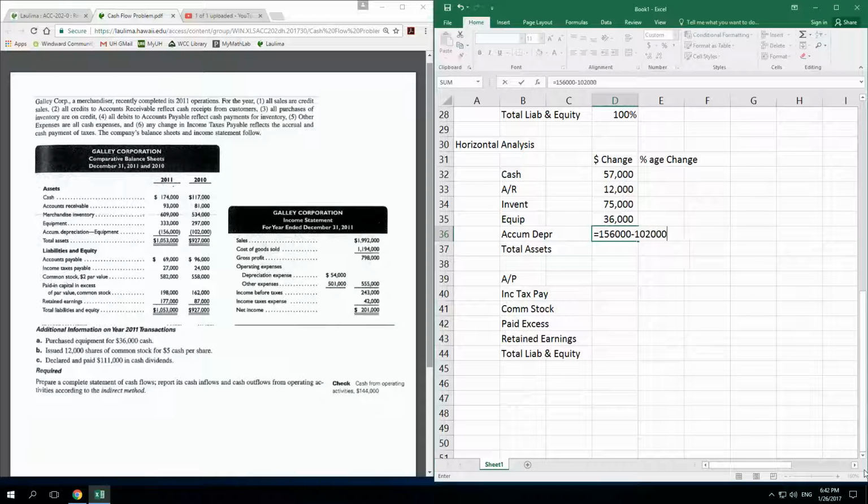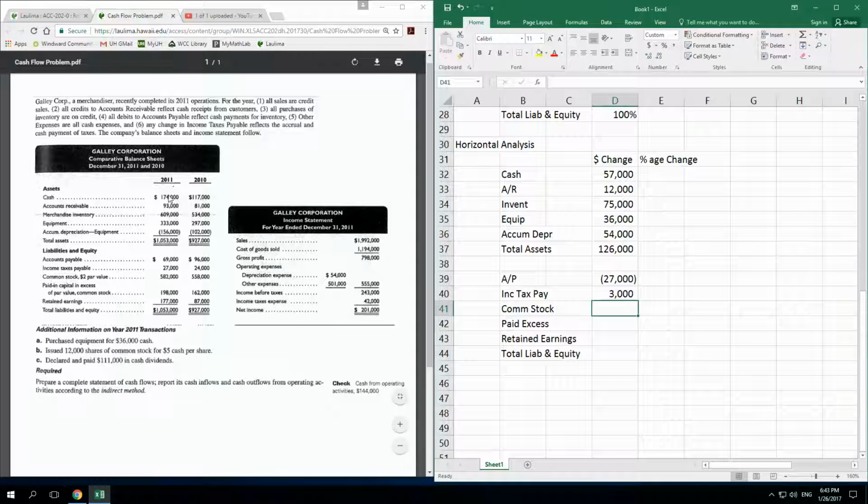I'm going to leave the accumulated depreciation positive. So I'm just getting the difference between 2011 and 2010.